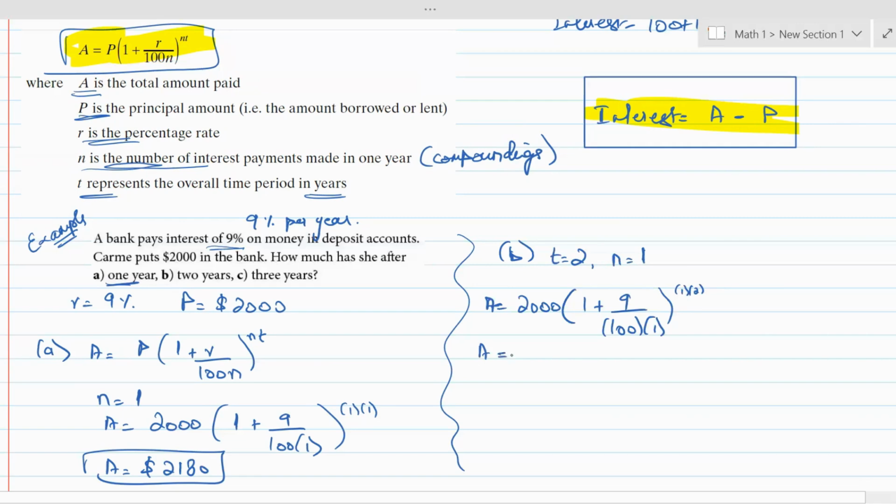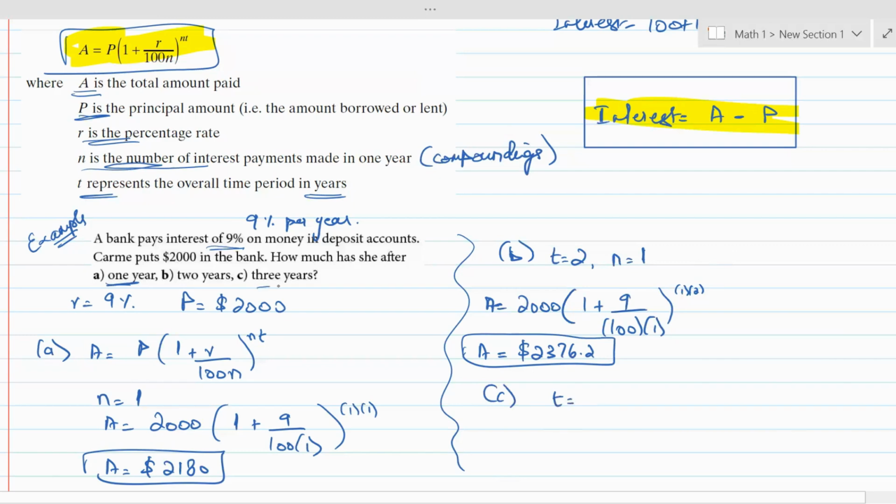We are getting this total amount as 1 plus 0.09 to the power 2, multiplied by 2000, which is 2376.2. So after 2 years, the total amount in the bank is 2376.2.